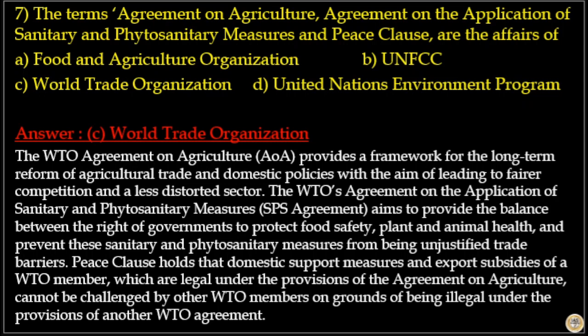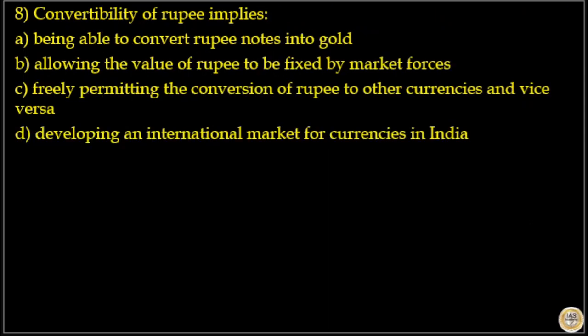Peace clause holds that domestic support measures and export subsidies of a WTO member, which are legal under the provisions of the Agreement on Agriculture, cannot be challenged by other WTO members on ground of being illegal under the provisions of another WTO agreement. So here answer to this question is option C.